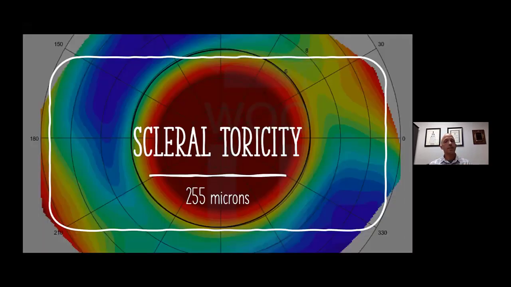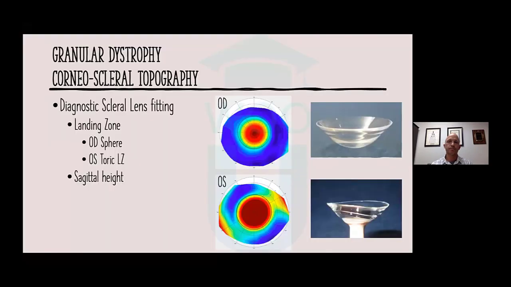Now, for the left eye, beyond just knowing that the sclera is toric and has an oblique presentation, we can also measure the amount of toricity. In this case, out to a core diameter of 16 millimeters, we know that the sclera is 255 microns toric.